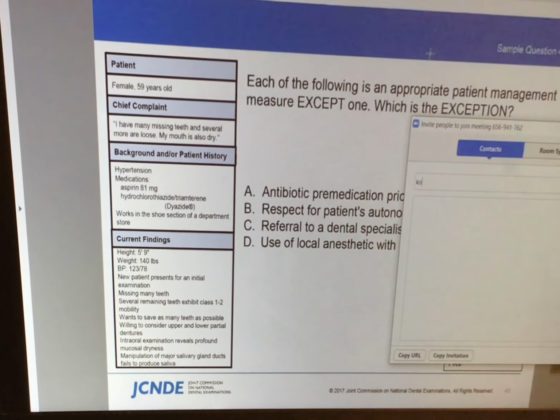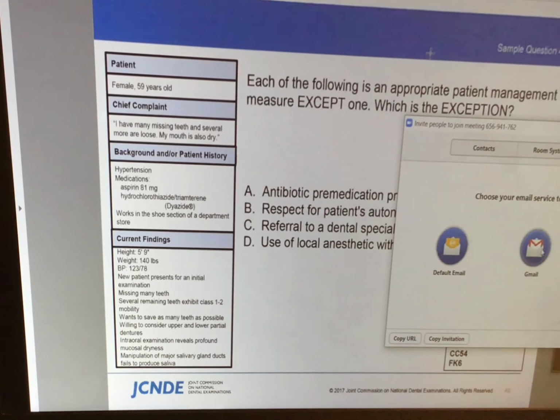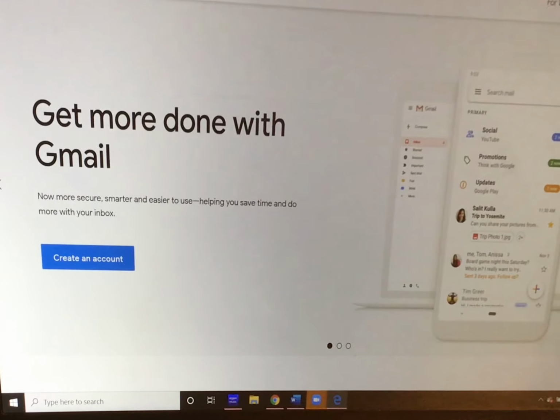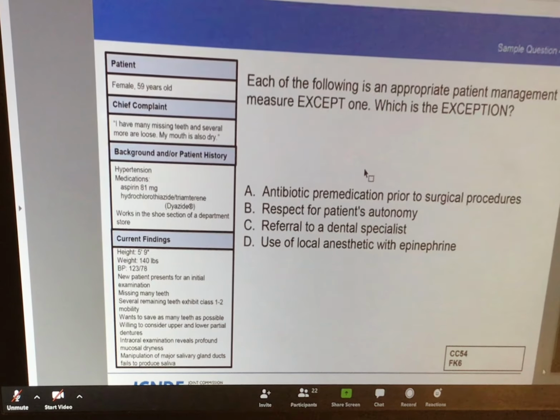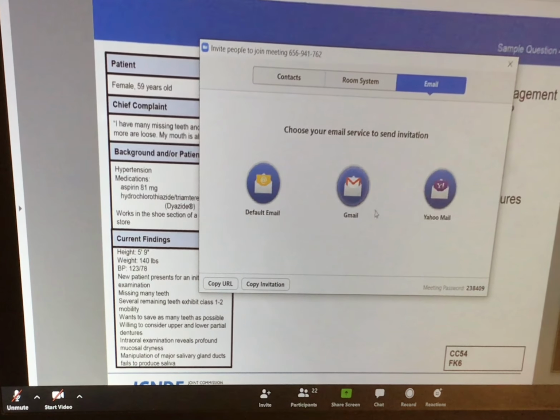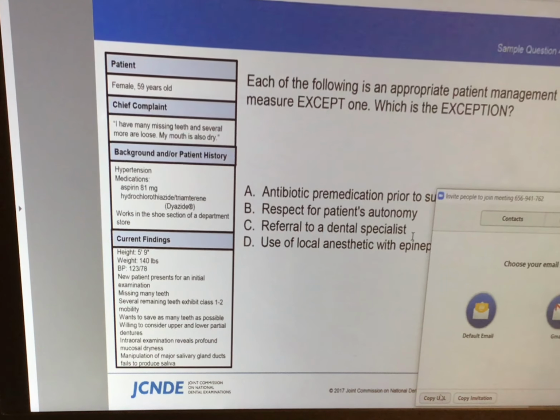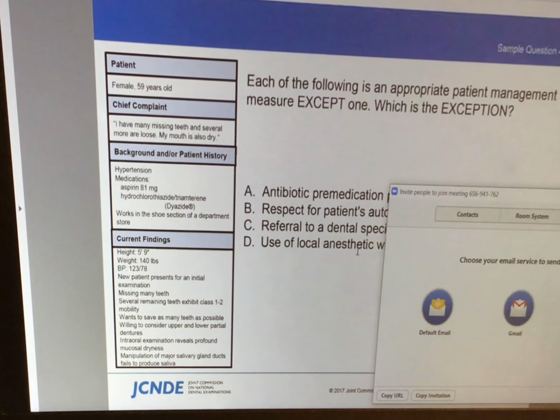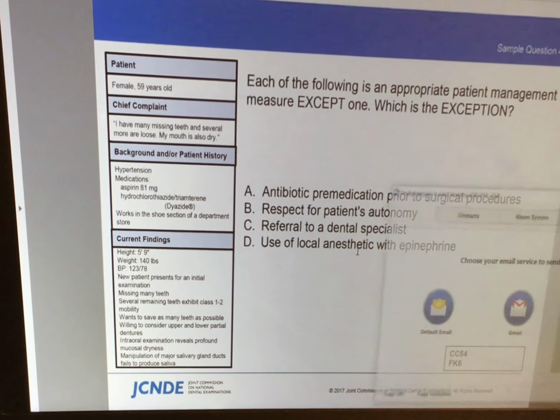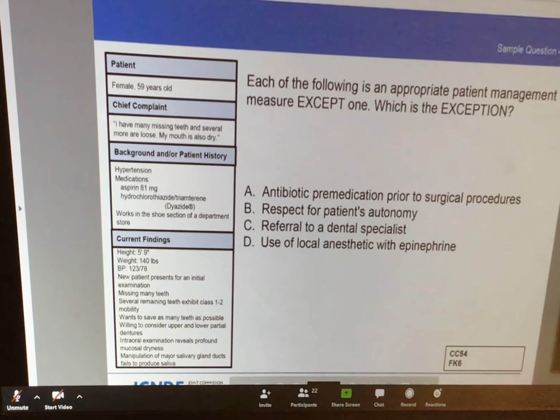Her current findings are that she's 5'9" and weighs 140 pounds. Her blood pressure is 123/78. New patient presents for an initial examination, missing many teeth. Several remaining teeth exhibit class 1 and 2 mobility. She wants to save as many teeth as possible, willing to consider upper and lower partial dentures. Intraoral examination reveals profound mucosal dryness. Manipulation of major salivary gland ducts fails to produce saliva.